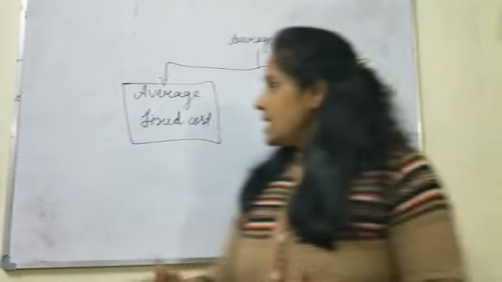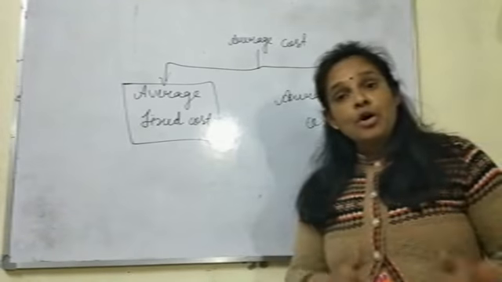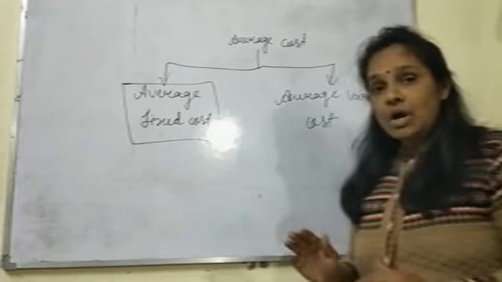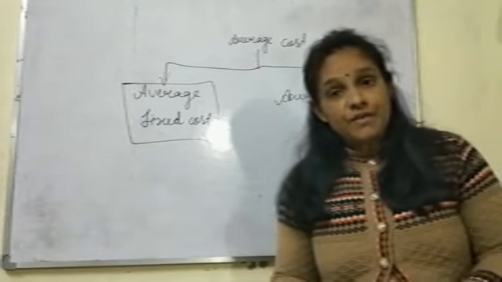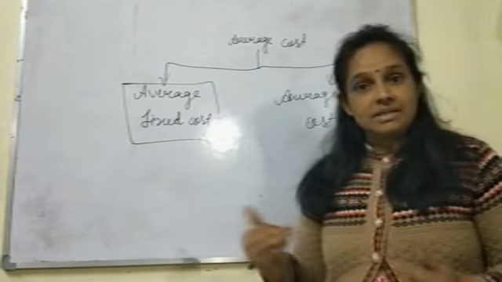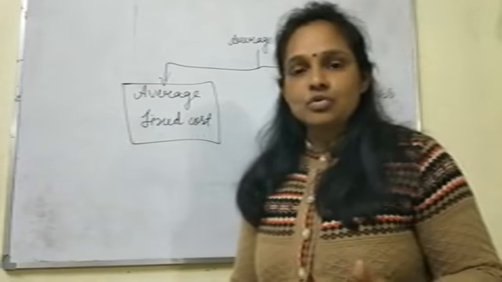Now if it is average fixed cost, then per unit cost of which factor? Fixed factor. If it is average variable cost, then per unit cost of which factor? Variable factor is called what? Average variable cost. Is it clear? Like what you people have written about total cost.